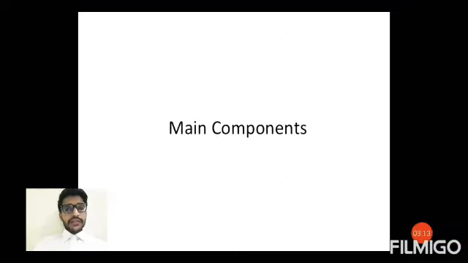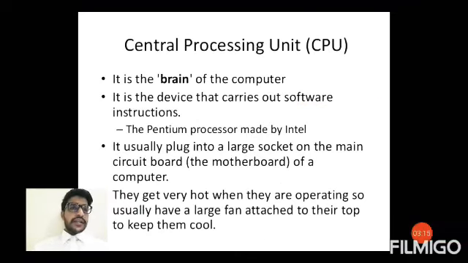Main components. Central processing unit, the brain of the computer. It is a device that carries out software instructions. It is usually plugged into a large socket on the main circuit board, the motherboard of a computer.